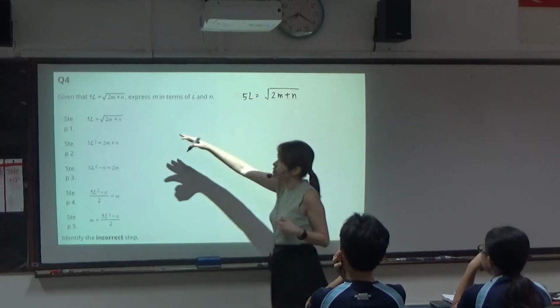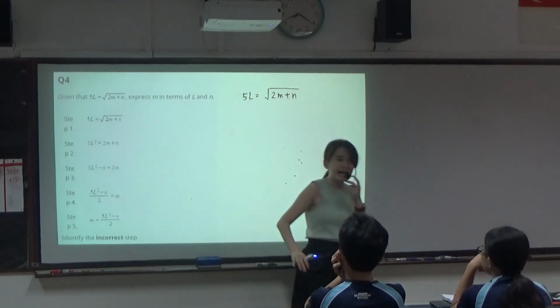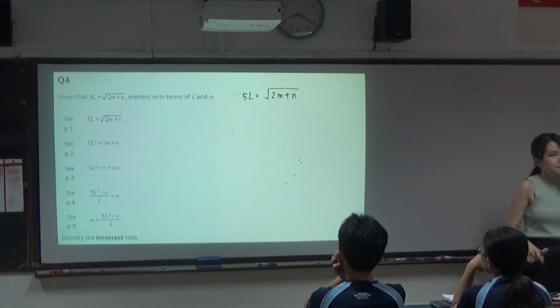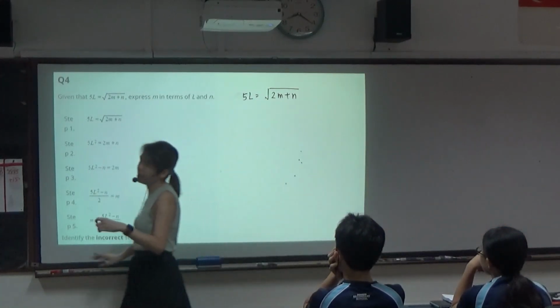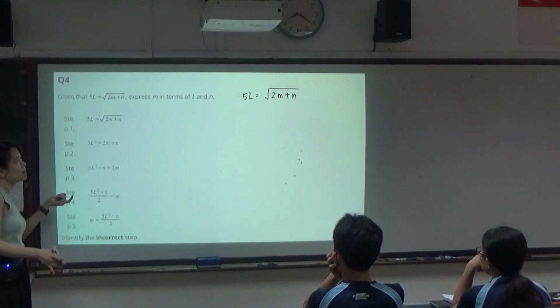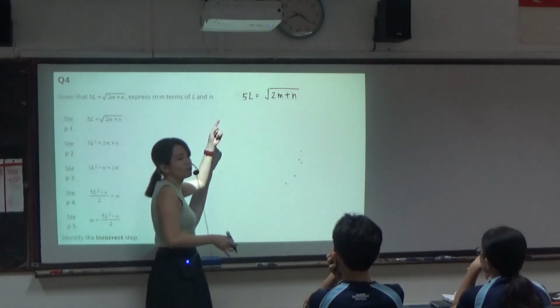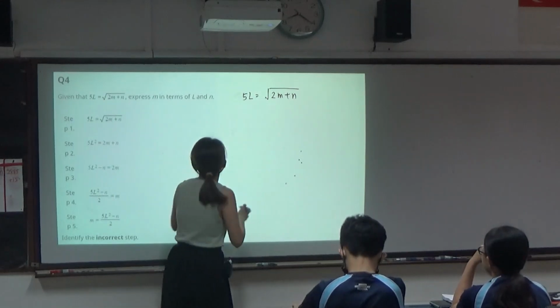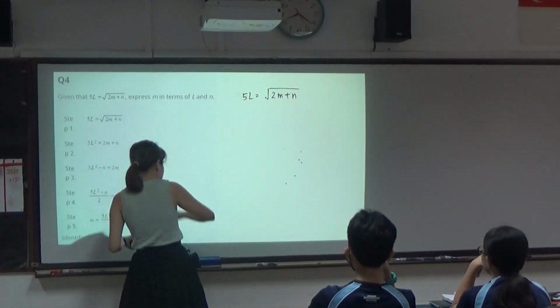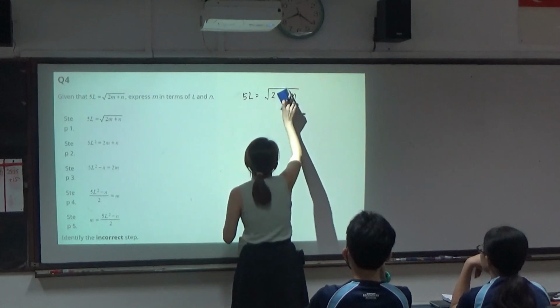Then they gave you a series of steps. They want you to identify the incorrect step. Maybe reading this text itself, you will not be able to tell what is the incorrect step. Perhaps you should try it on your own first. With 5L equals the square root of 2m plus n, the objective is to have m as the subject.